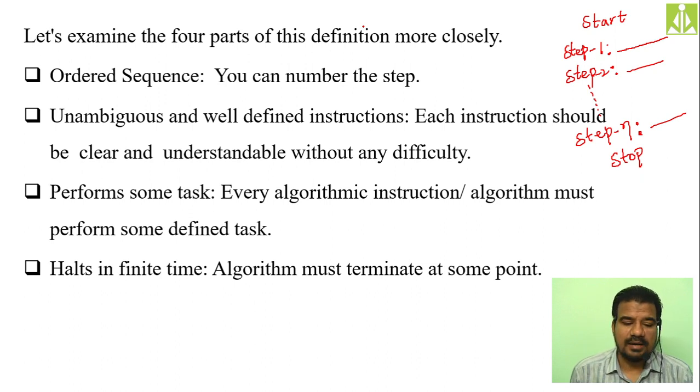Okay, and performs some task, the third point, means you should not write any illogical steps into your program or into your algorithm. Write all legitimate, all important, to the point instructions or statements into your algorithm. You simply don't take any step from the outside world, which is not at all involved in your project development or solution development, and put it into your algorithm.